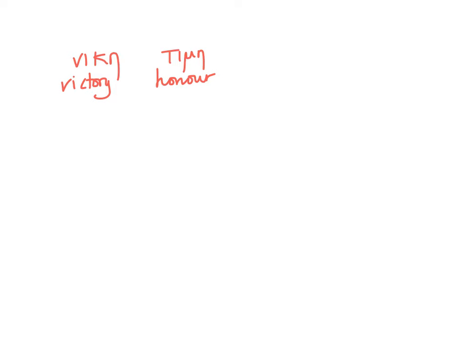But it might end in an alpha, such as oikia, which means house, or Sophia, like the girl's name, which means wisdom. So you'll see when you look at the first declension that occasionally the ending eta is seen and occasionally it's the ending alpha. And there are reasons, in fact, why sometimes it's eta and sometimes it's alpha, reasons which we can look into later. But for the moment, expect to see either eta or alpha in the endings of the first declension.